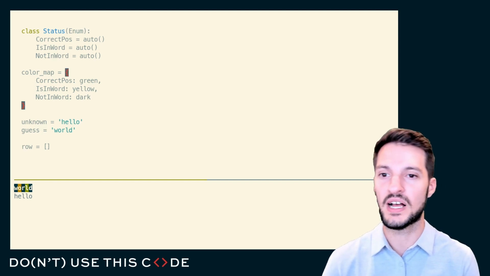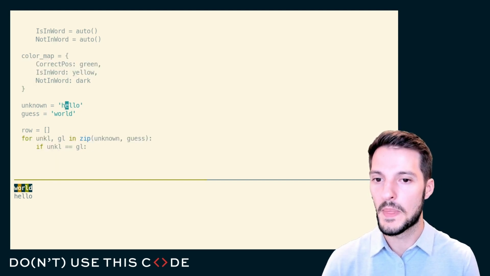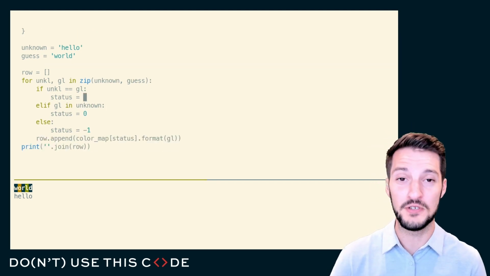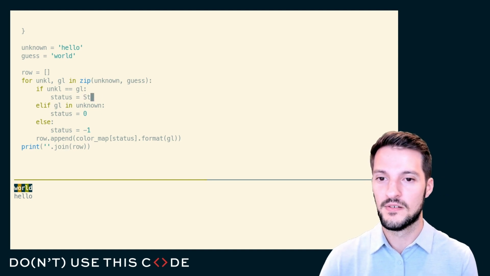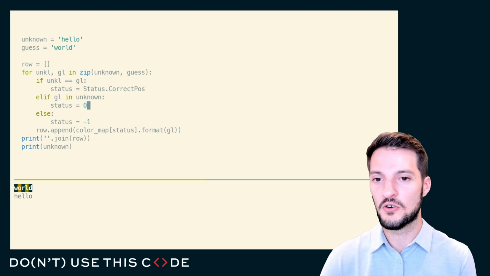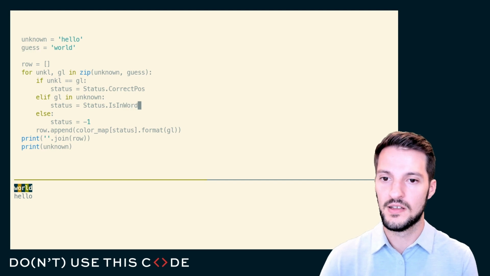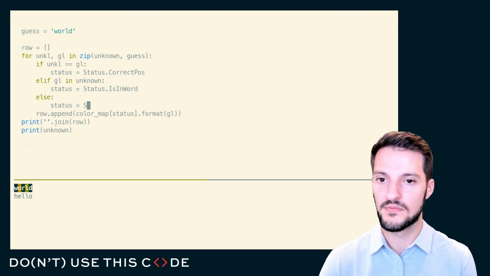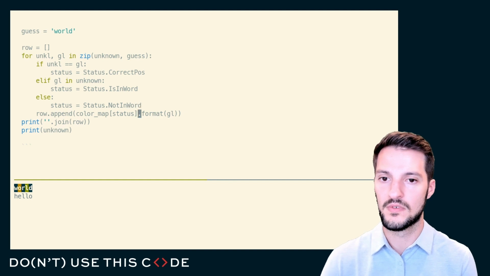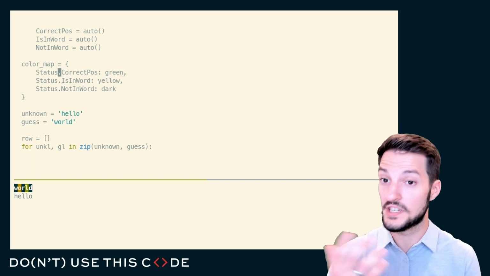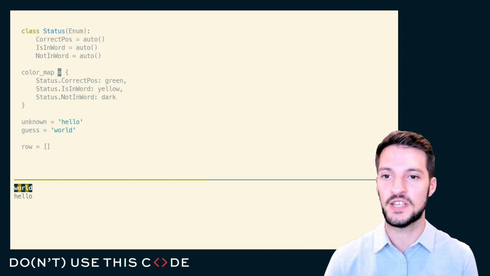I've added some semantic meaning to these entries in this color mapping, and I don't need some magical number to figure out how to interpret the status of a given letter. I'll swap this out here. All right. Okay, and we rerun the code and it still runs just as expected.